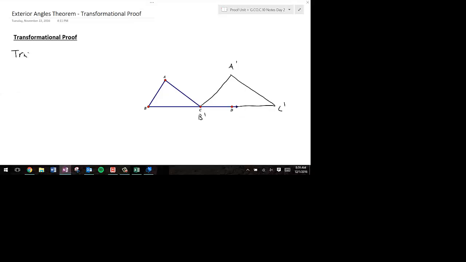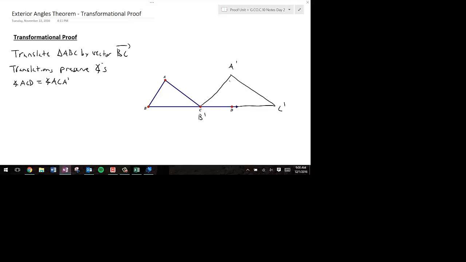So we're going to translate triangle ABC by vector BC, and we know that translations preserve angles. So we have that angle ACD is equal to angle ACA prime. ACD is the same thing as ACA prime when we do that transformation.